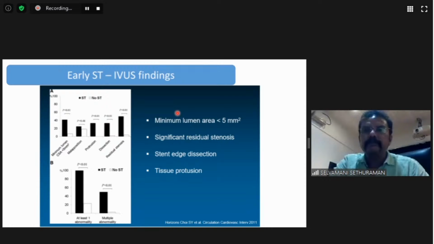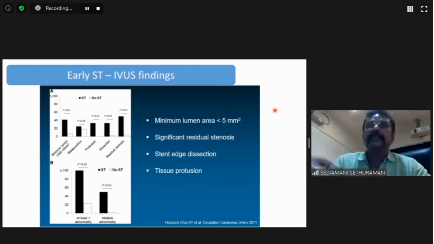See, the very important thing is the minimal lumen area. That is, the lumen area is very important. When you do angioplasty, if you are not getting at least 80% of stent expansion and a minimal area of at least 5 on OCT or IVUS, then your chances of thrombosis and complications are high.